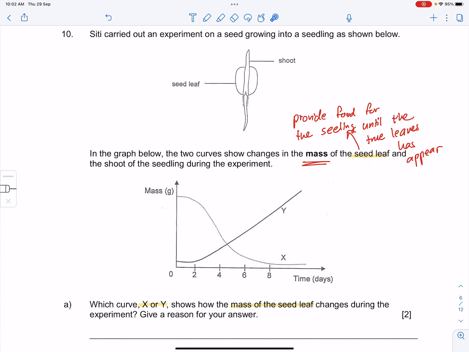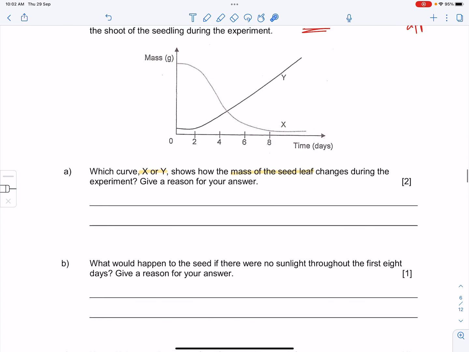So logically, your seed leaf should decrease with time as your seedling increases in growth. So when we take a look at it, your answer would probably be X, whereby as the days go by, the mass of the seed leaf will start to decrease.